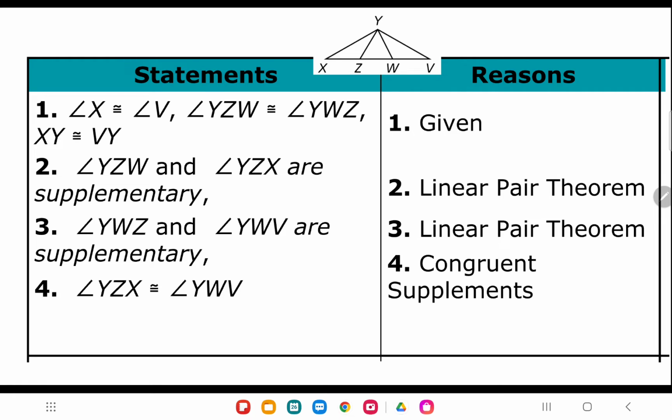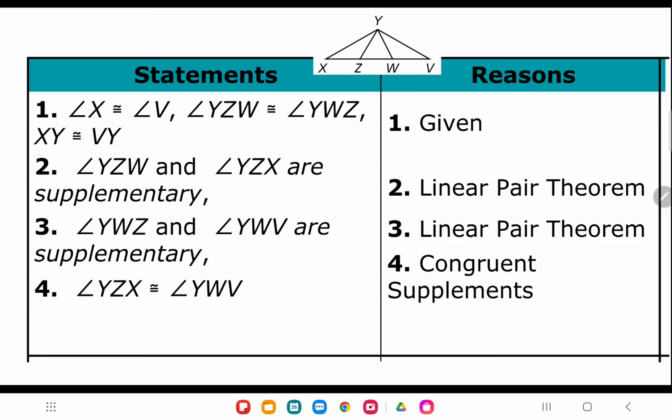So right now, I have that the two outermost angles are congruent, the two outermost sides are congruent, and I have that YZX and YWV are congruent.